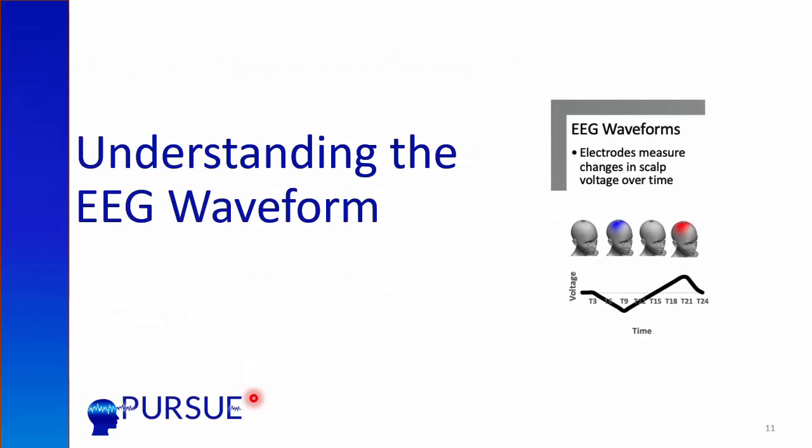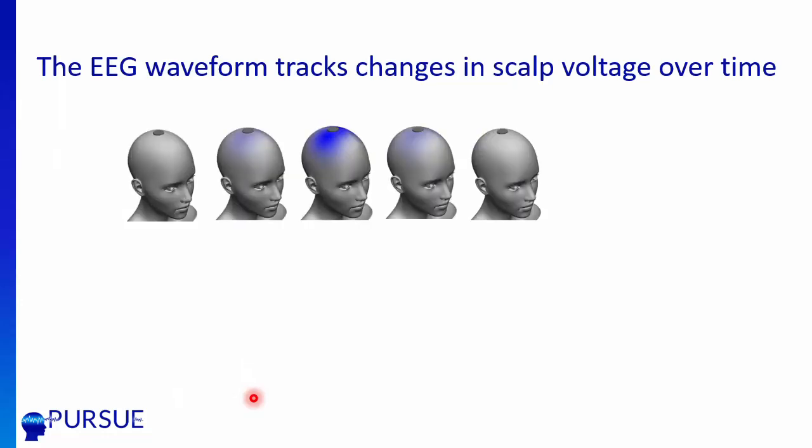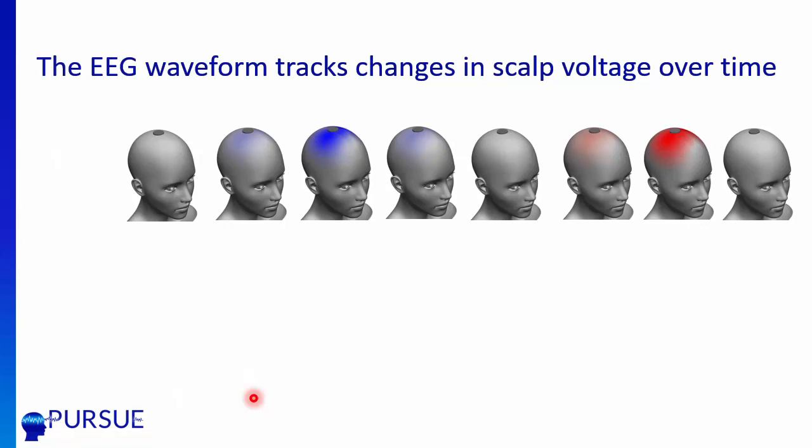So, understanding the EEG waveform: it tracks changes in scalp voltage over time. In this diagram, you're seeing blue representing more negative values and red representing more positive values at a particular scalp electrode. On the ERP traces, you'll see microvolts plotted on the y-axis and time on the x-axis.